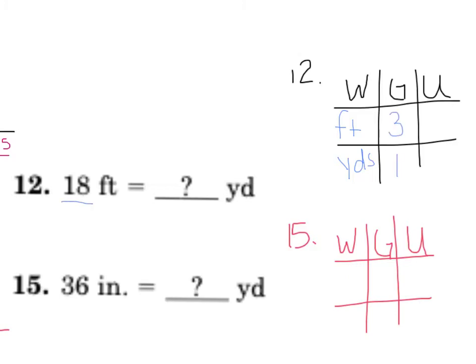So our question is, what about 18 feet? Okay, cross multiply and divide. 1 times 18 is 18. And then divide by 3. What's 18 divided by 3? 6. This just helps us be very organized.